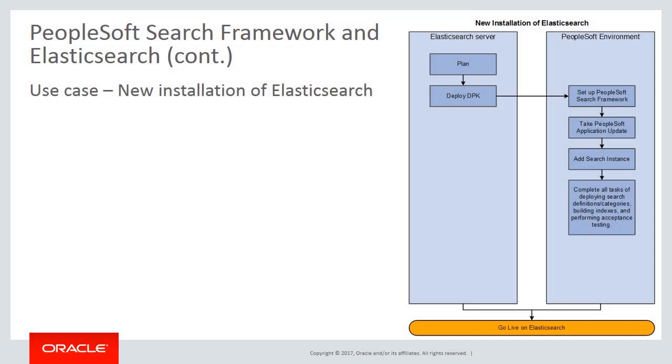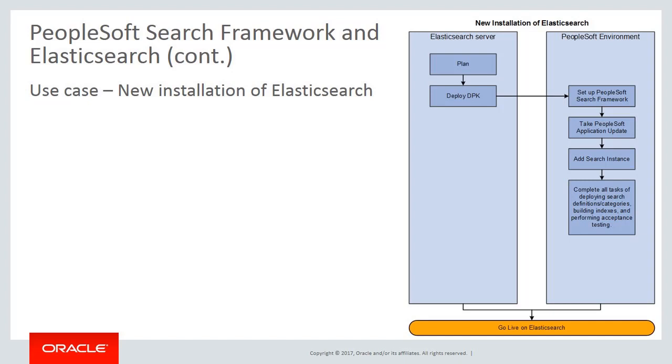This use case presents a scenario where you are performing a fresh install of Elasticsearch. This use case assumes the following: that you are using PeopleSoft 9.2 application. The PeopleSoft application must include the appropriate fixes for Elasticsearch as delivered with the latest PeopleSoft update image.